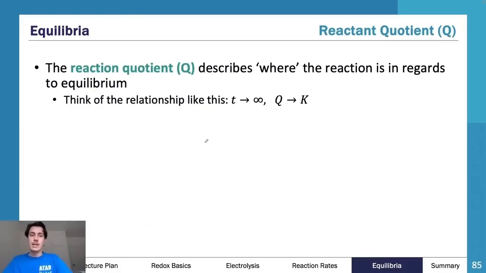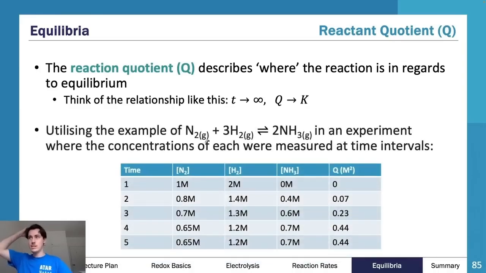So then what about the reaction quotient? The reaction quotient describes where the reaction is in regards to equilibrium. If you think about the relationship of time reaching infinity, you say Q reaches K. So as time goes longer, Q gets closer to K. As you can see here, this is an experiment where we utilize nitrogen and hydrogen gas to make NH3 gas.